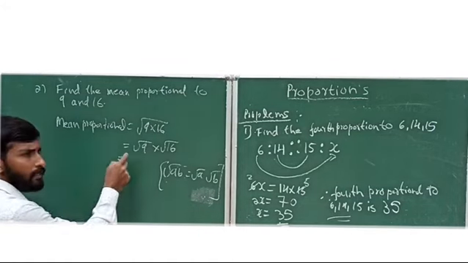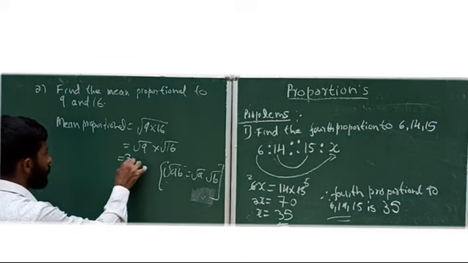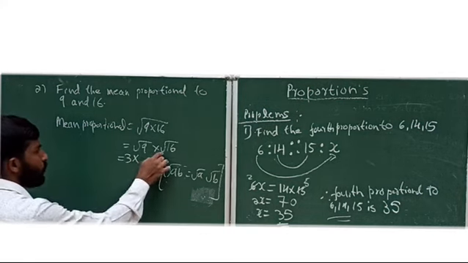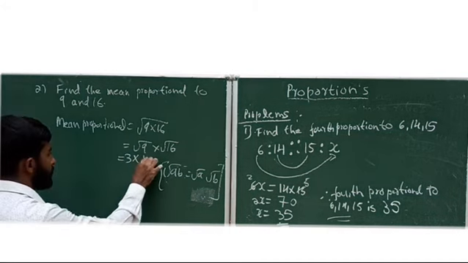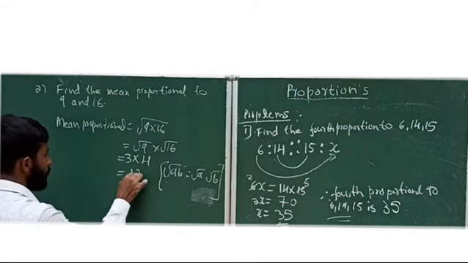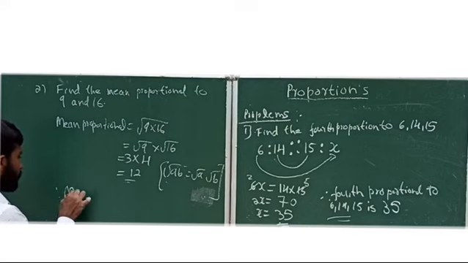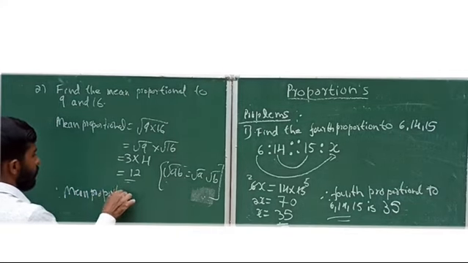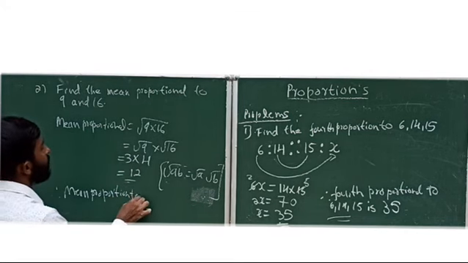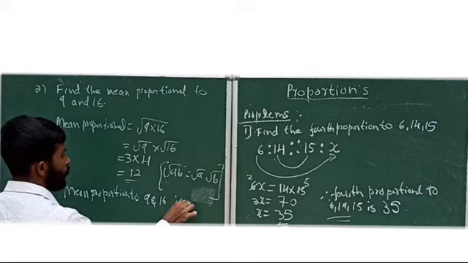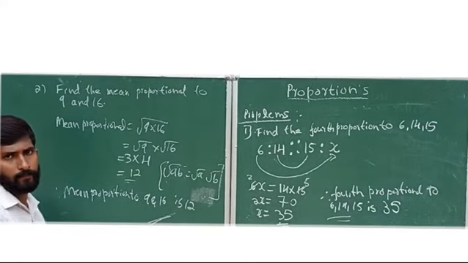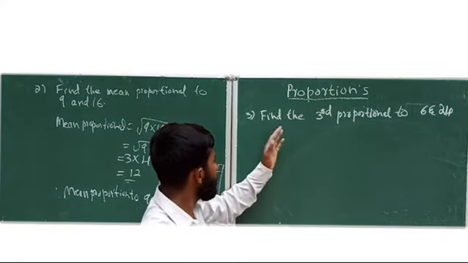Root 9 means positive root of 9, which is 3, into root 16 means positive root of 16, which is 4. 3 4s are 12. Therefore, the mean proportional to the given numbers 9 and 16 is 12. Okay, it's the answer. See the next question.